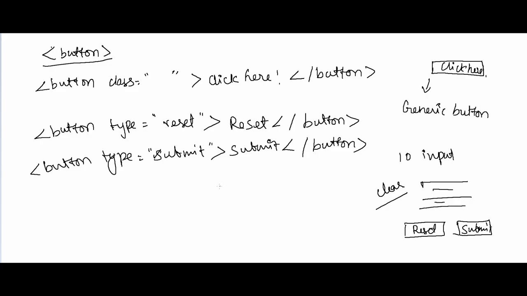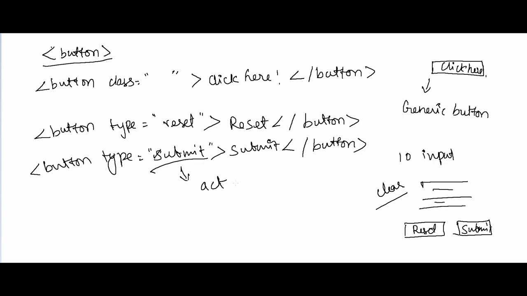That link might be a PHP code we have created which is used for inserting this form data to the server. So this submit means this form will be submitted and take the action of the form.